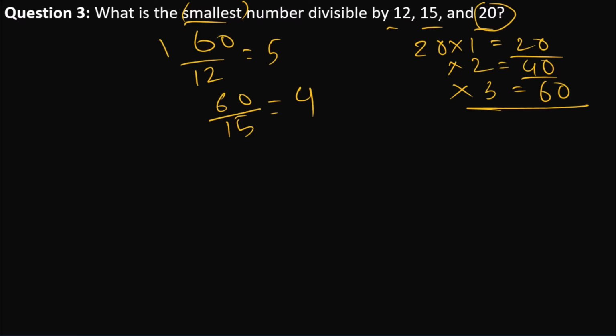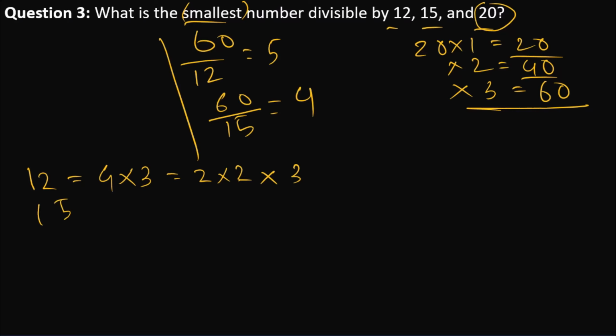And another case you can apply is this. So here the multiplication, you need to convert into smaller multiplication terms. So here 12: 4 times 3 equals 12, 2 times 2 times 3 equals also 12.